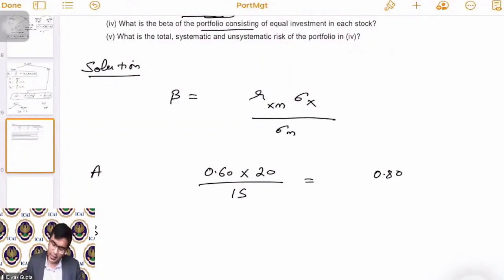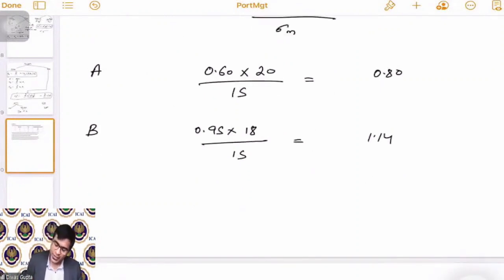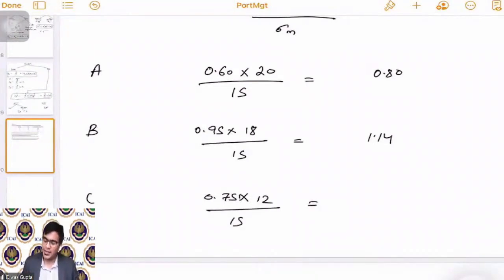Now for B, it will be 0.95 multiplied by 18 divided by 15. This standard deviation of market will remain the same, because in whatever security you take, the standard deviation of market will be the same. Again, R between C and market multiplied by standard deviation of C, which is 12, divided by standard deviation of market, which is 15. So this comes as 0.60.